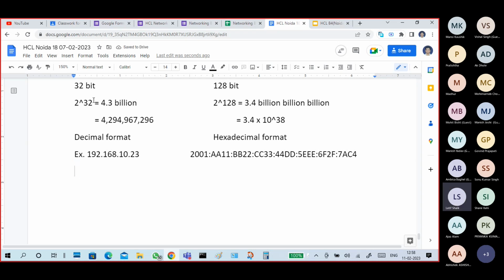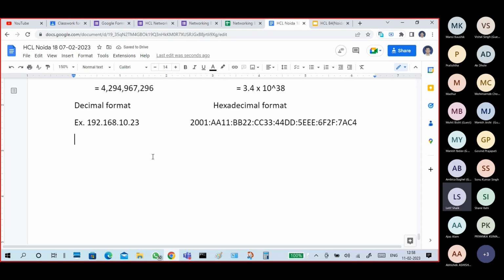And I'm telling you about IPv4, guys. If you see, it is divided into 4 parts, separated by dot. IPv4 is 32-bit, divided into 4 parts.